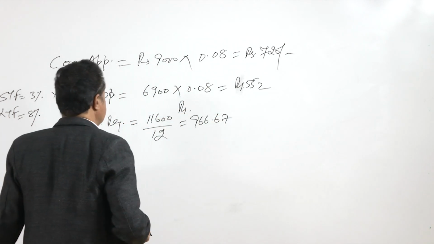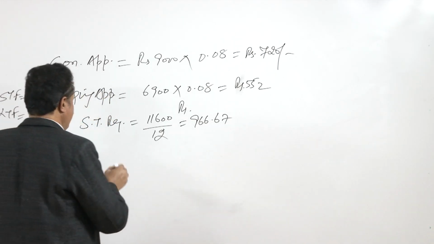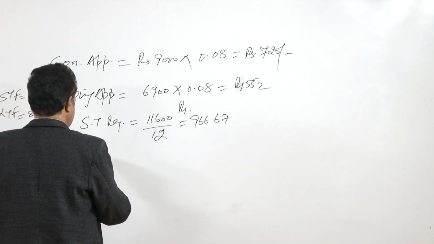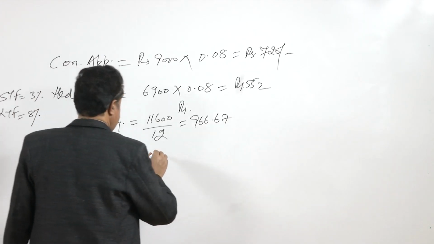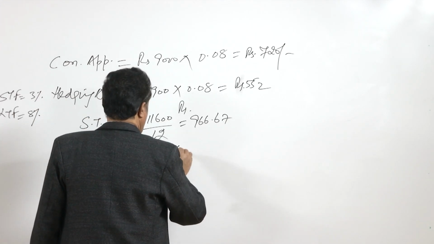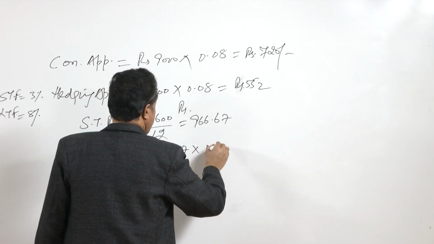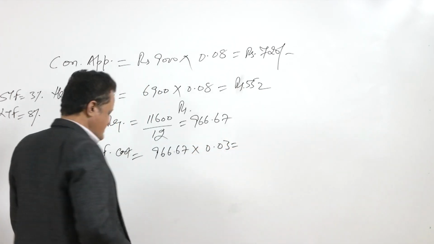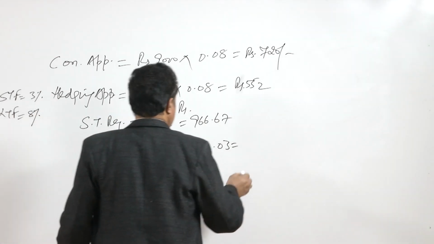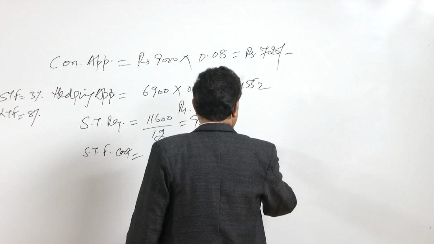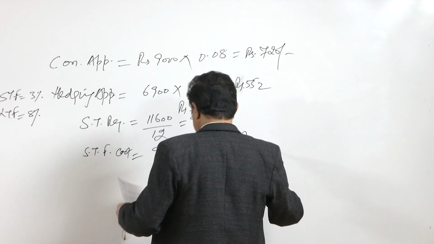This is the short term average monthly requirement, and the short term funds cost is going to be how much? Short term funds cost is 966.67 multiplied by 0.03. This works out as rupees 29.